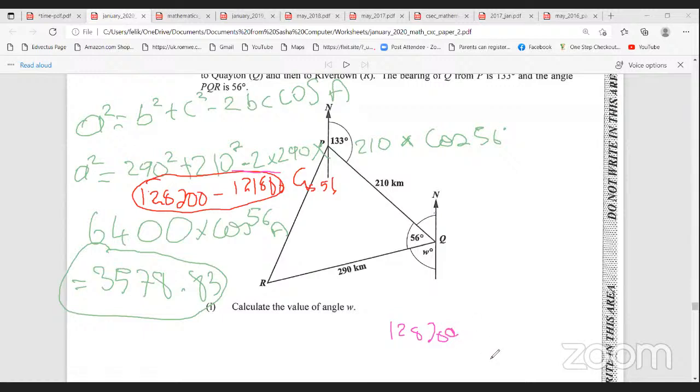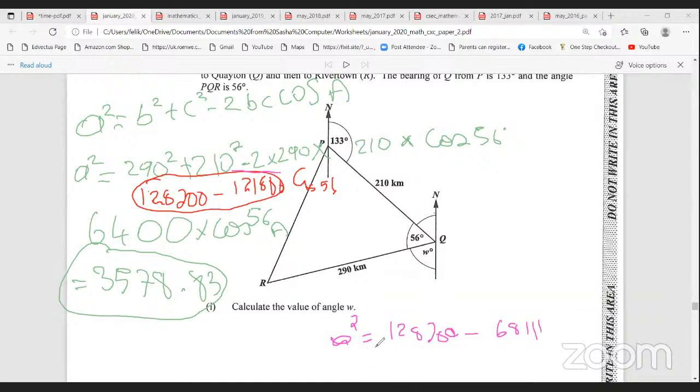I get 68,109. So it's minus 68,109. So that's a square equal, and if we round it off to the nearest whole number, it would be 111.